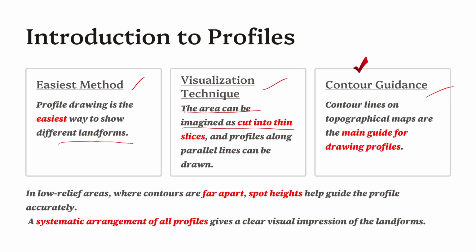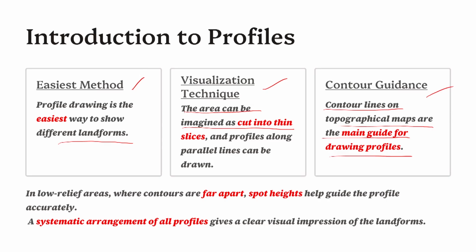Then contour guidance: contour lines on a topographical map are the main guide for drawing a profile. So, the major source is the contour line. From the contour line we get what that contour represents, either a mountain or plain or valley, or which type of elevation.